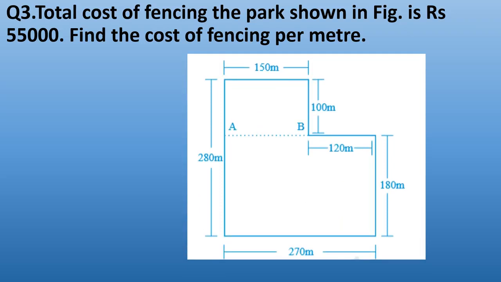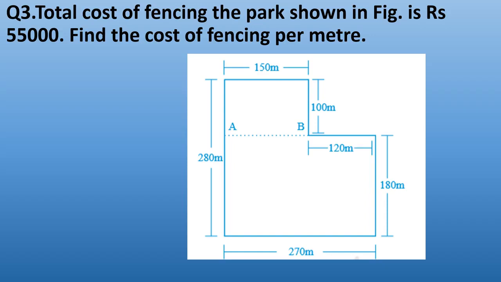It is given that the total cost of fencing the park shown is 55,000. Till now you have found the total cost of fencing, when the cost of 1 meter is given to you. But this is the opposite one. In this question, the total cost is given and you have to find the cost per meter.